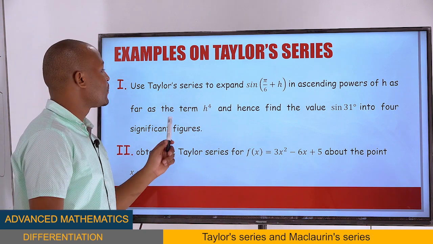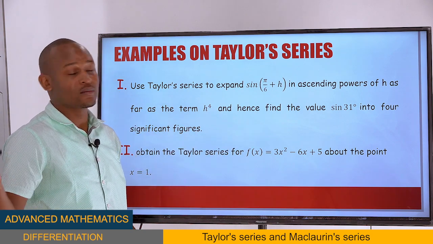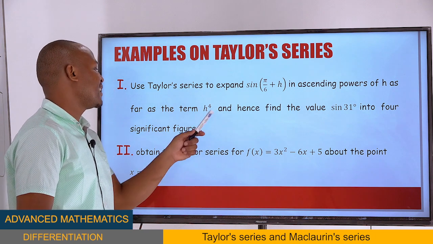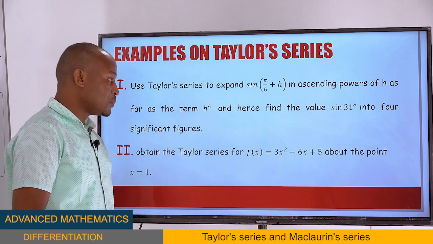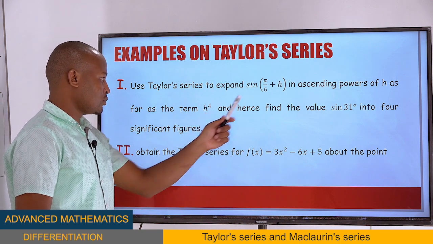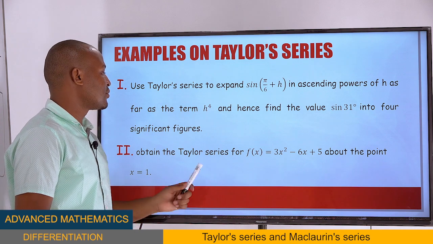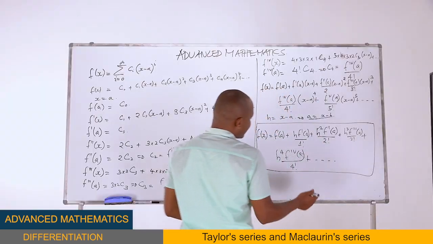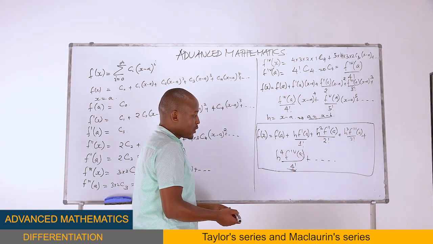So we are told to find the expansion of that using Taylor's series as far as h raised to 4. That means we shall see how it goes up to h raised to 4. That is to say, we are supposed to end up at that point.